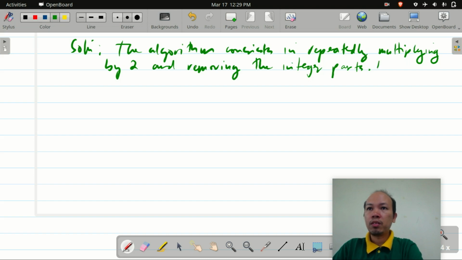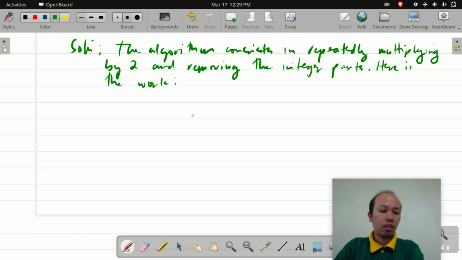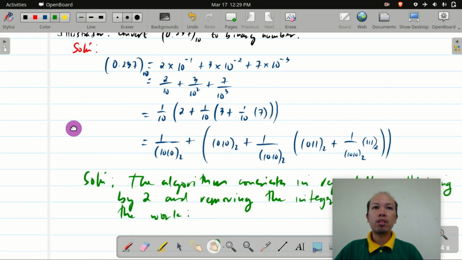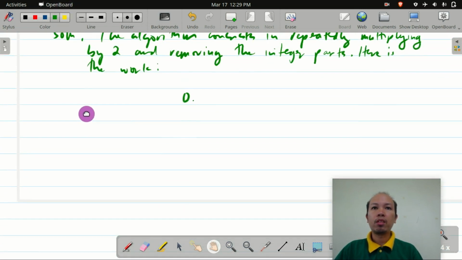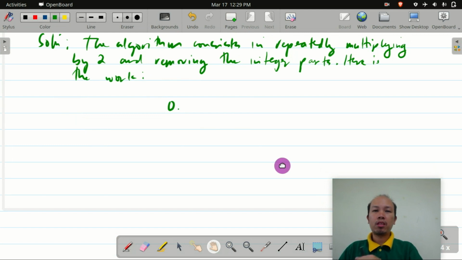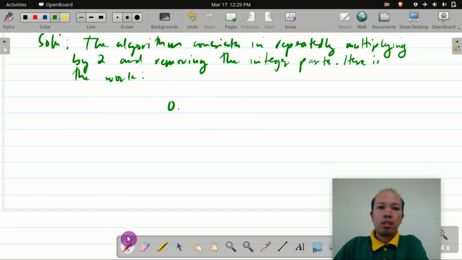Here is the work. We have 0.237. We multiply this one by 2.